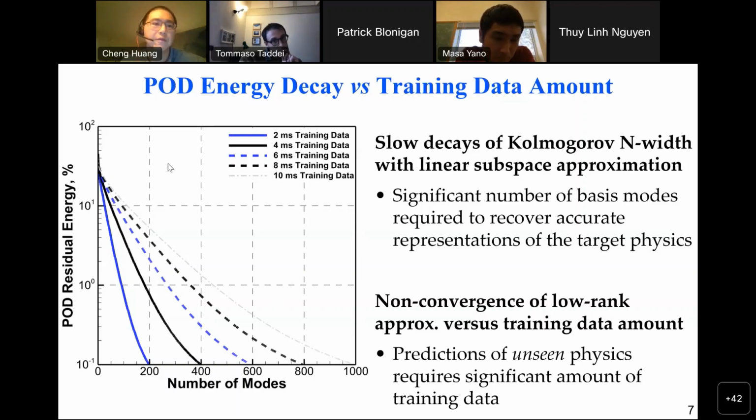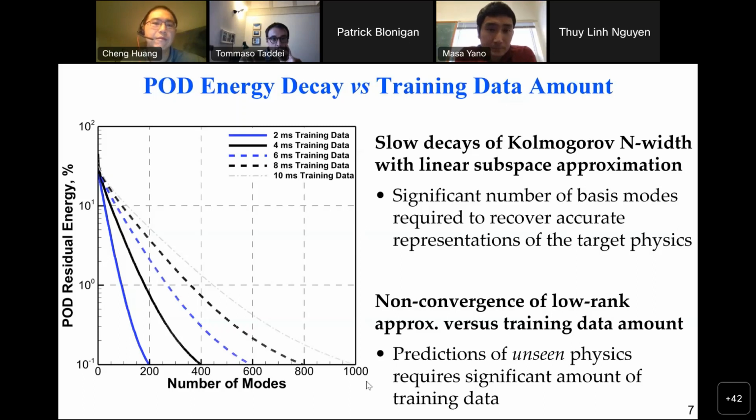Even for the 2 milliseconds, you can see the decay is quite slow. In order to reach 99.9% of the energy, you're going to require 200 modes. And if you want to use 10 milliseconds of training data, which contains quite a bit of information, in order to get an accurate representation, you're going to require 1,000 POD modes.